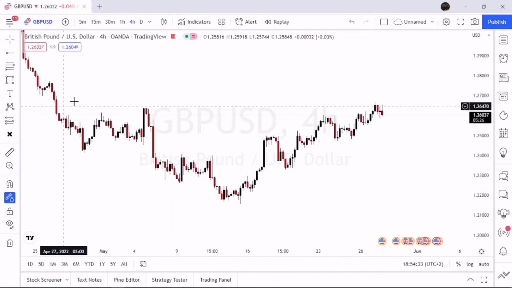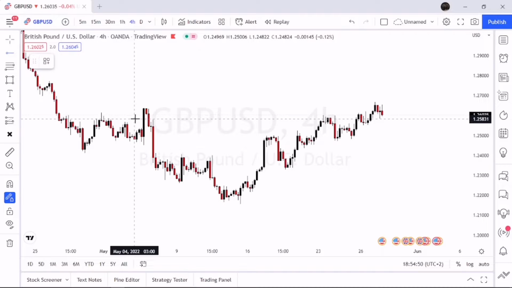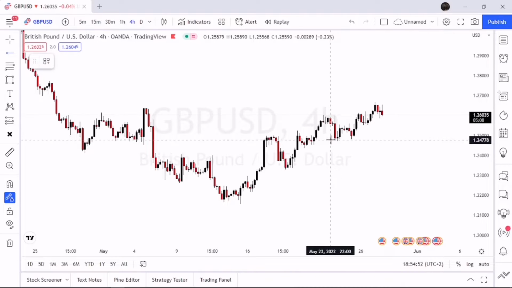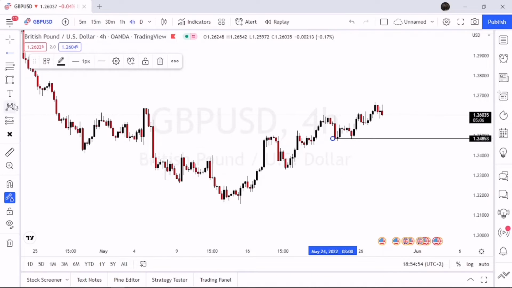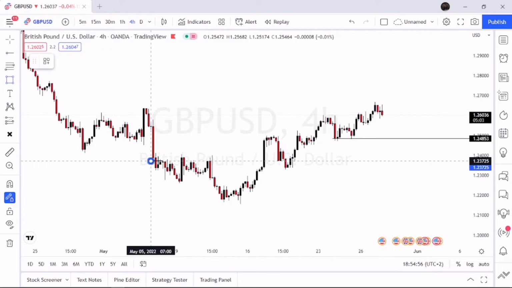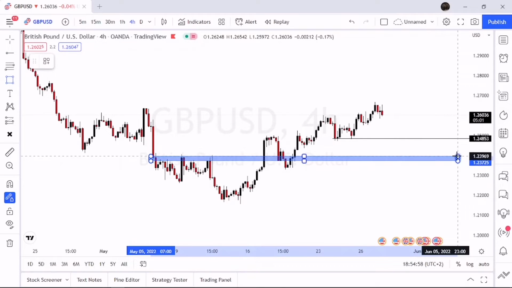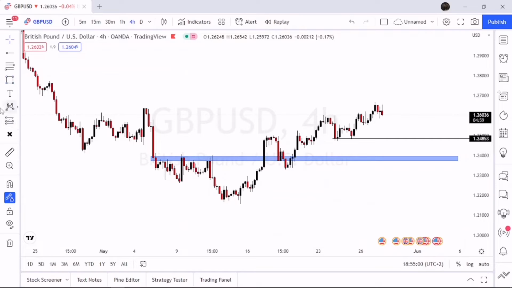So right here, I have my GBPUSD chart. If you remember from the previous video, the analysis on my GBPUSD, we anticipated that the market should break this level first to see it come back to the zone, right?